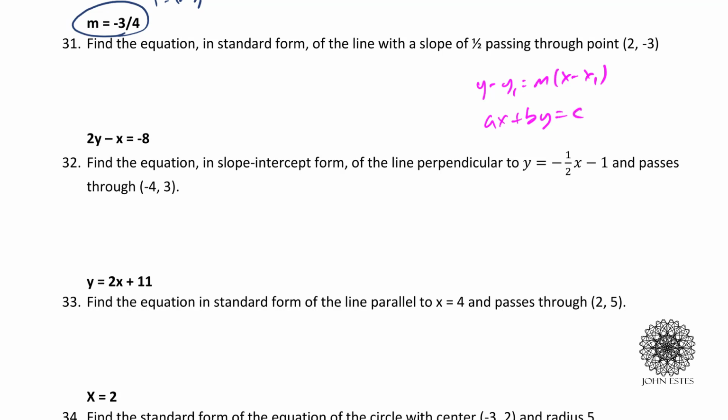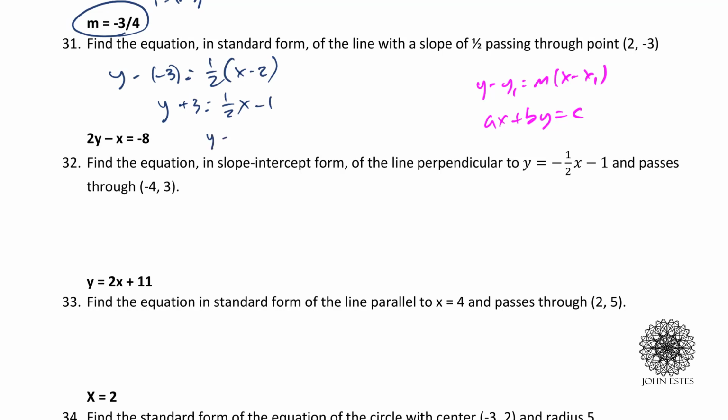Okay, so first of all, let's see, I have y minus my y coordinate, which is negative 3, equals the slope of 1/2 times x minus 2. So that means I have y plus 3 equals 1/2 x, what is that, minus 1.